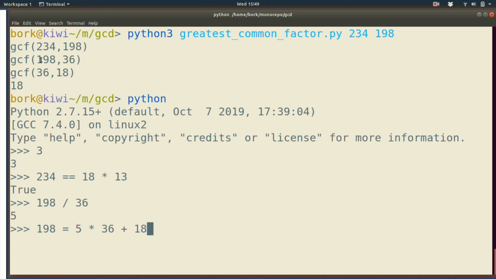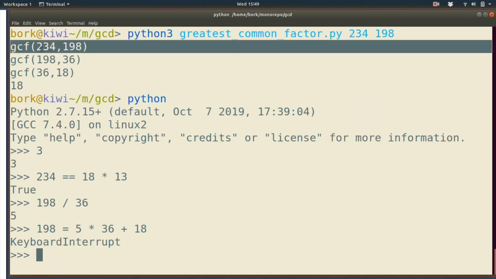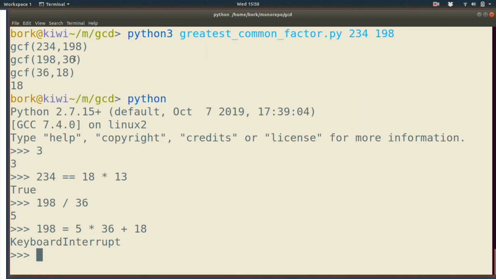It's also going to be a factor of these two numbers and vice versa. Yeah, and so that's why this works. That's why this recursive function works, because these two things are equivalent. The common factors of these two numbers are the same as the common factors of these two numbers.